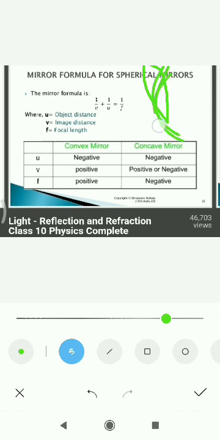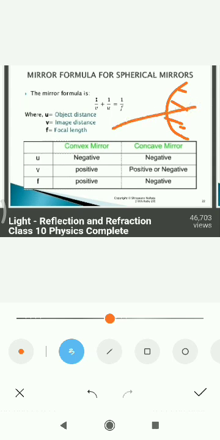This is the convex mirror. All the images are formed from here to here, behind the mirror. They are mainly virtual, so v is positive.